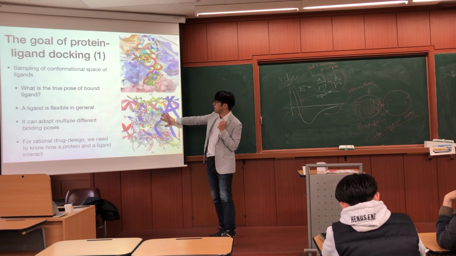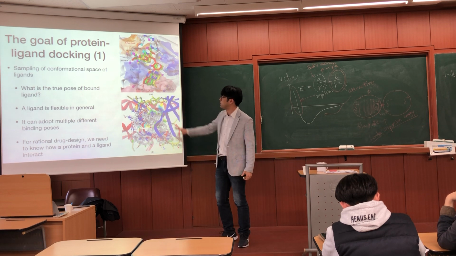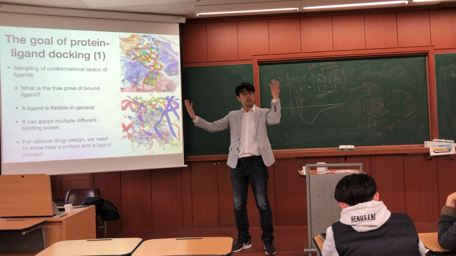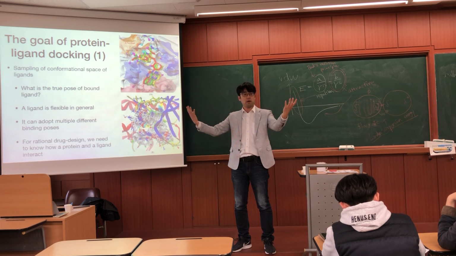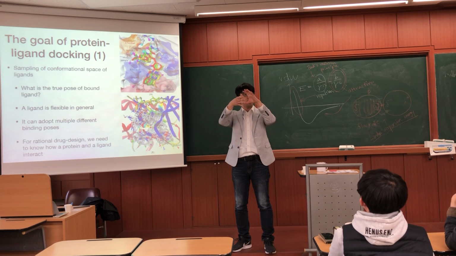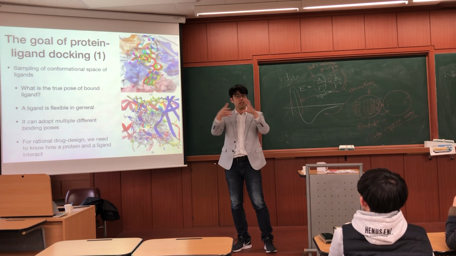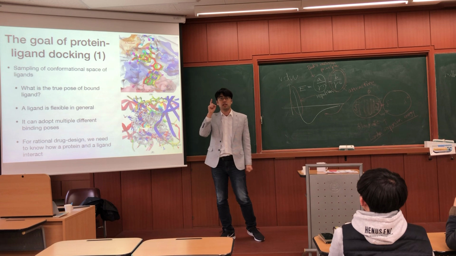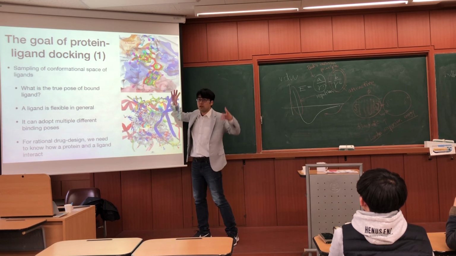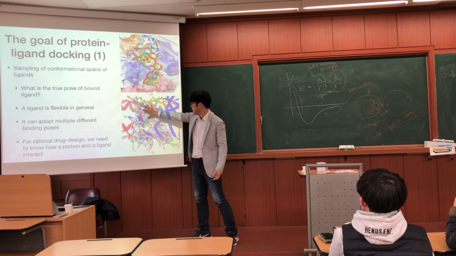In a protein-ligand complex, you know the structure of the protein and the structure of the ligand, but you have to find out how they will bind. When you bind them together, there are many possibilities. It's not just one possibility. You can dock it in many possible ways.